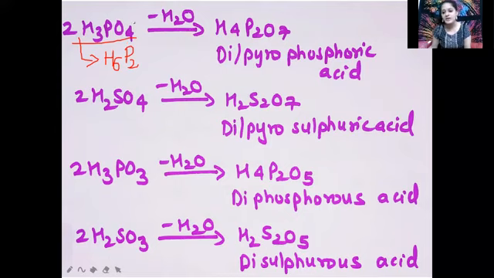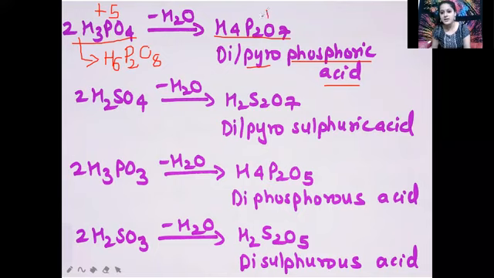Oxygen, there were 4 oxygen atoms in phosphoric acid, so you just have to multiply it by 2, so therefore you will get O8. So now we have to remove minus H2O from it. After removing H2O, you will see that you're going to get H4P2O7, which is called pyrophosphoric acid, or it can also be called diphosphoric acid. And here, if you find out the oxidation state, it will remain the same. If it is plus 5 over here, then here also you're going to get plus 5. So here also the oxidation state will be plus 5.